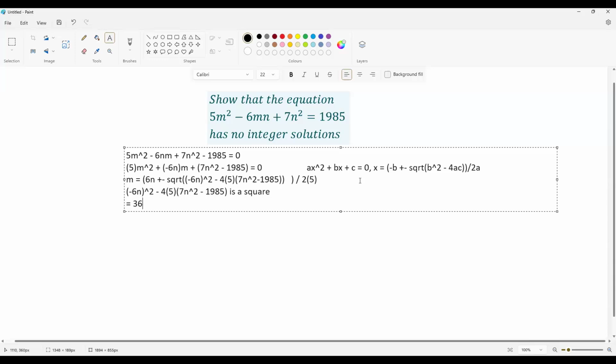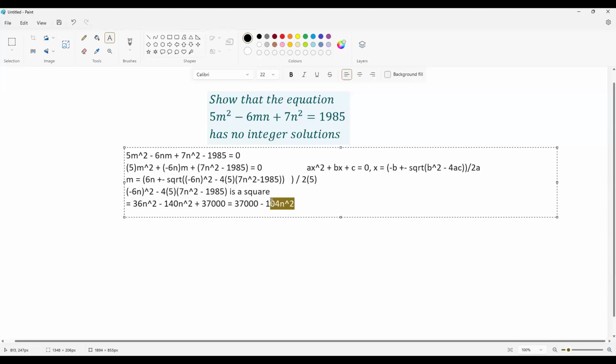And this is equal to 36n squared minus 140n squared plus 3700, which is equal to 3700 minus 104n squared. We want to prove that this is not a square, because we want to prove there are no integer solutions.